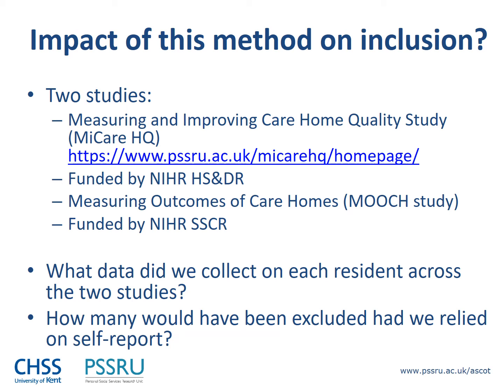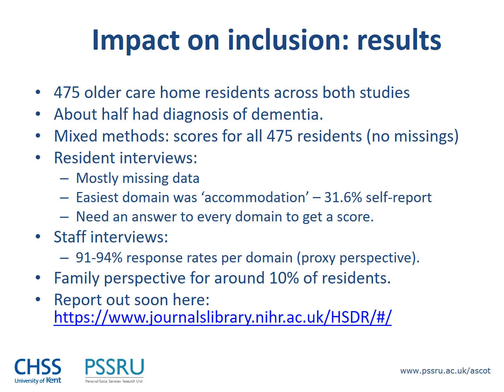Now, I'm going to have a look at what data we collected on each resident across the two studies and how many of those residents would have been excluded had we relied exclusively on self-report. So let's have a look. 475 older care home residents took part across the two studies, and about half had a diagnosis of dementia. More had cognitive decline.